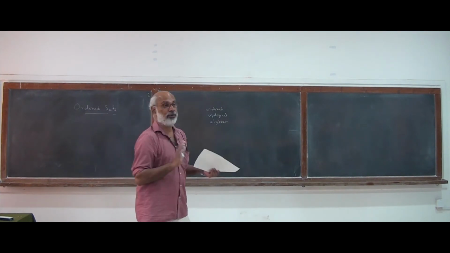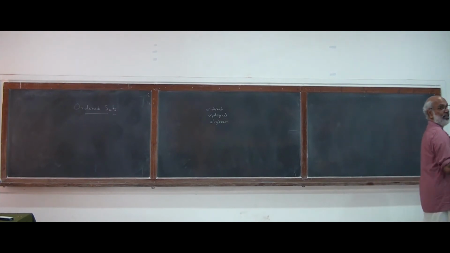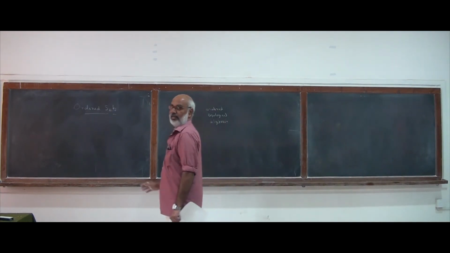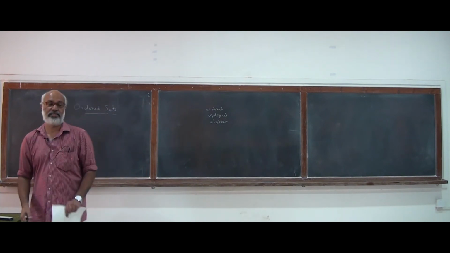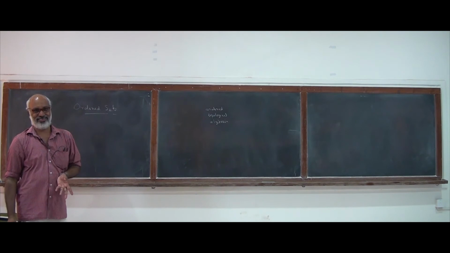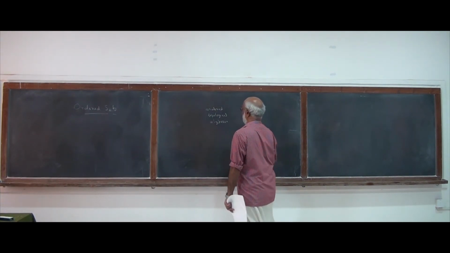But of course, when you put more than one structure on the same set, we will ensure that they are compatible in some sense. Otherwise, that will not be very meaningful. But the point is that generally we can classify these structures into three types: ordered structure, topological structure, and algebraic structure. And here we are concerned only with the order structures.